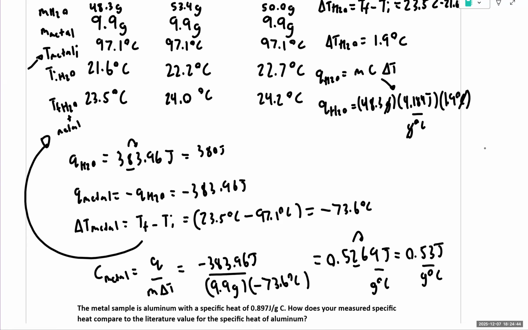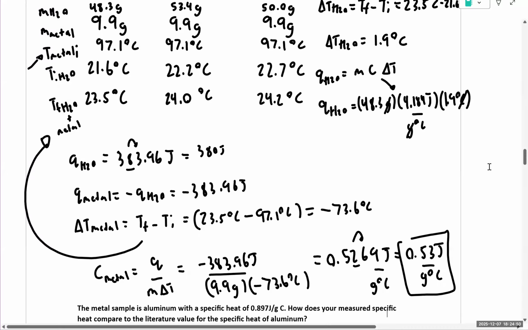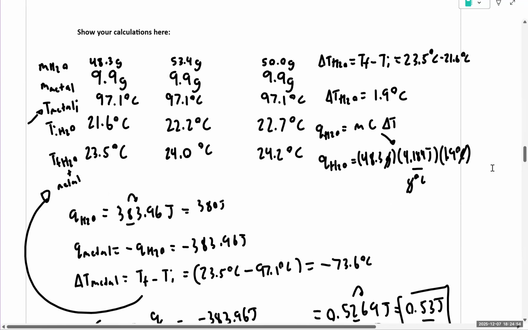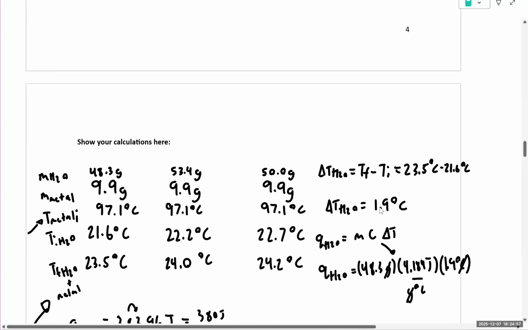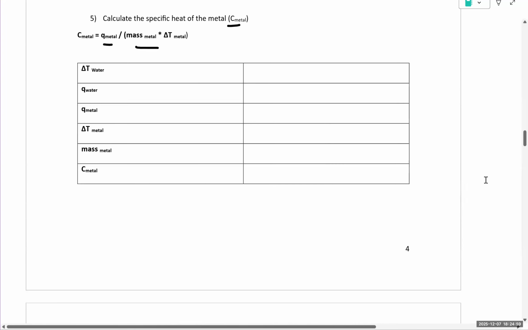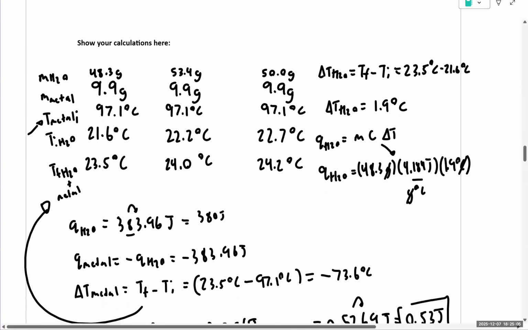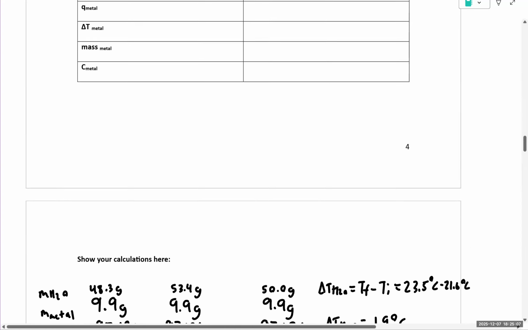So with that, we've calculated the specific heat of our metal, which will now enter into our table for trial one. So the delta T water that we calculated was 1.9 degrees Celsius. The Q water was 380 joules.